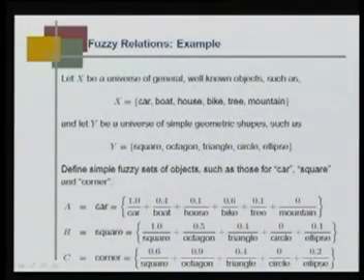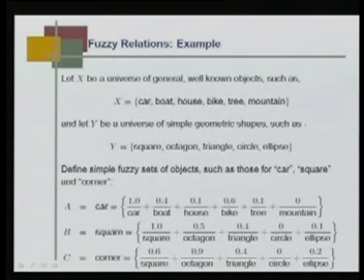We have such images, right. And now the geometry of these images can be compared to various known geometries like square, octagon, triangle, circle, ellipse, like that.